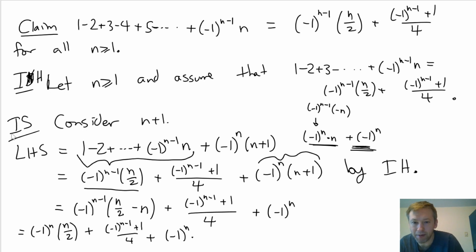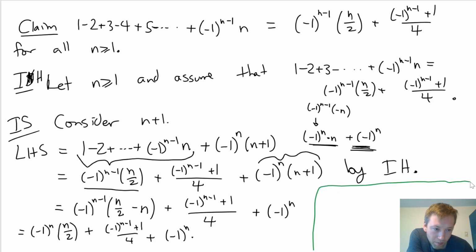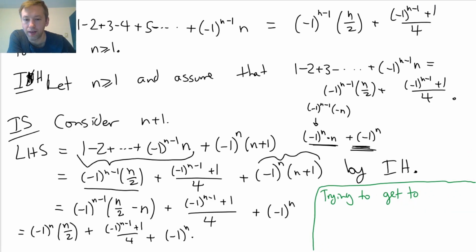Basically, you should always keep some idea about where you're going. So where are we trying to get to? This I'm going to write on the side in green. This is not part of the calculation, but where we're trying to get to is the expression on the right-hand side, but with an n plus 1 instead of an n.